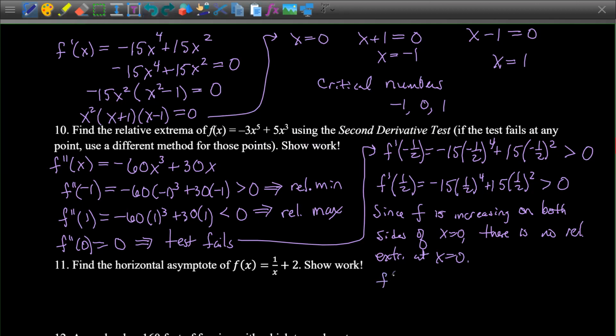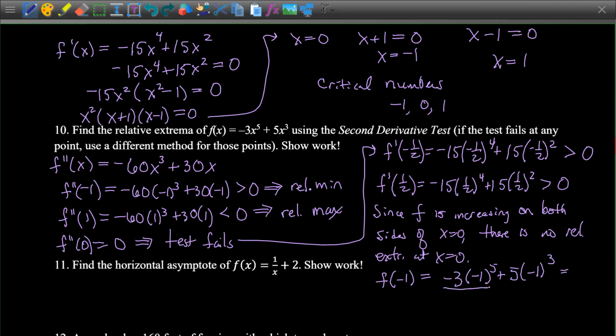And f of -1, which we know is going to be our min. And the min itself is, so -1 to the 5th is -1.